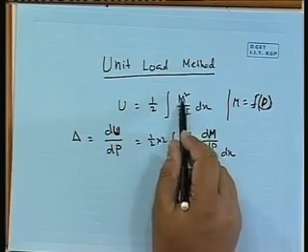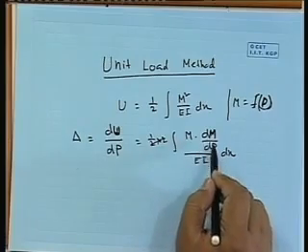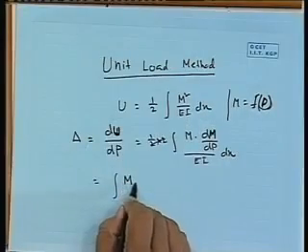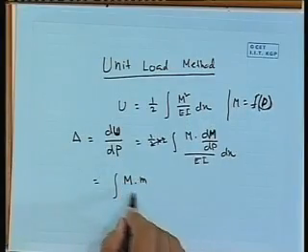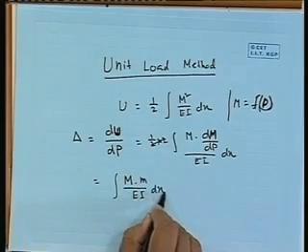Here this M square gives 2M, the 2 will cancel, it will be M, and this part will be dM by dP over EI into dx. Now, this part we can write as capital M, and this derivative part we write as small m, divided by EI into dx.